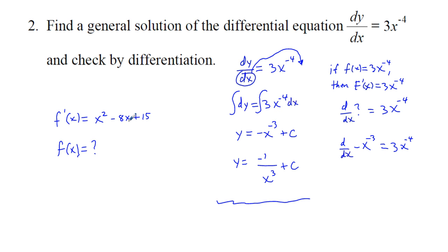That's part of finding the antiderivative. f of x is going to be x cubed over 3 minus 8x squared over 2 plus 15x. And there's also a plus c.